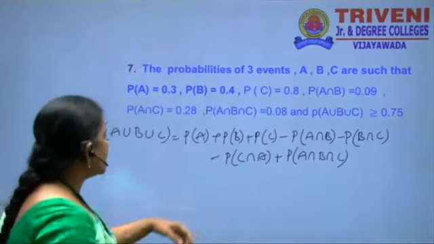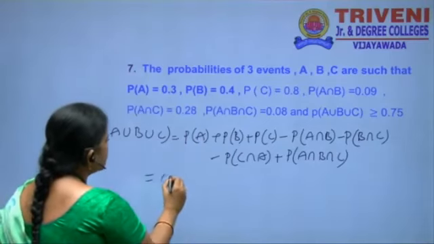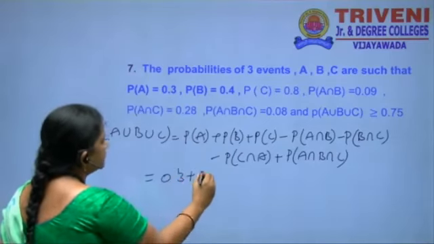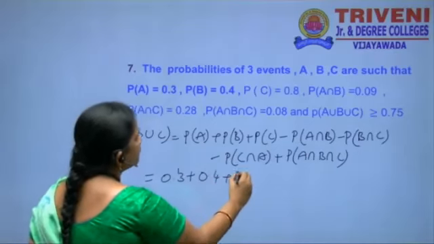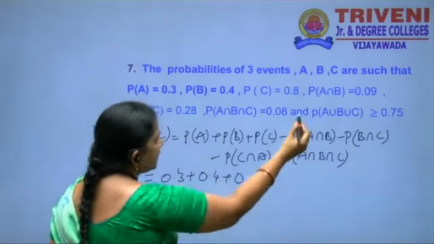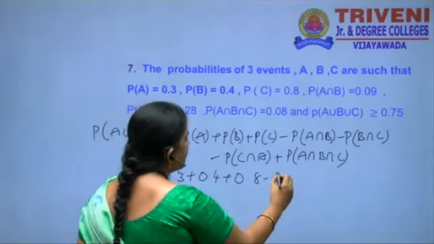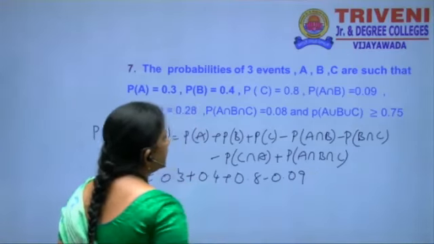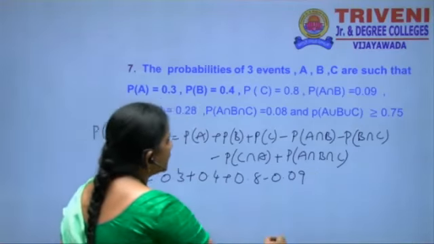Already you know the values of all these. We have to substitute here 0.3, 0.4, 0.8 minus P of A intersection B is 0.09 and B intersection C is not known.